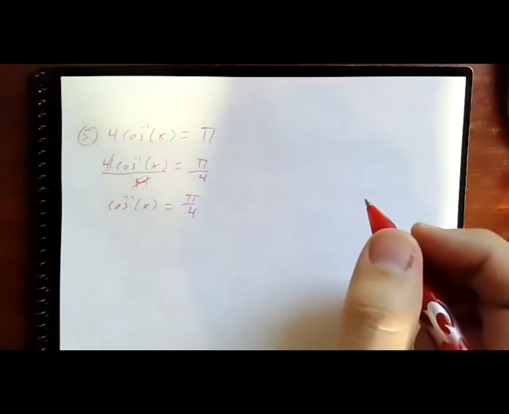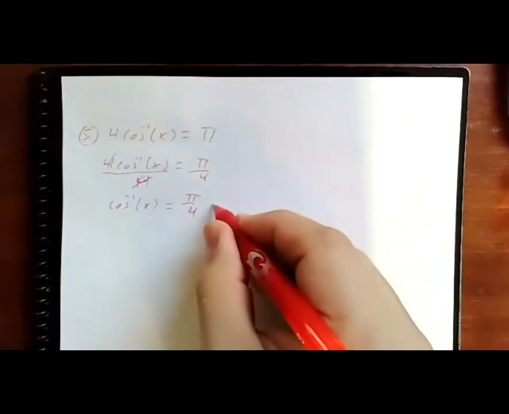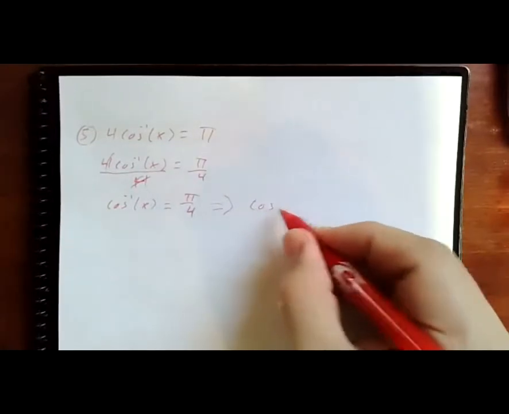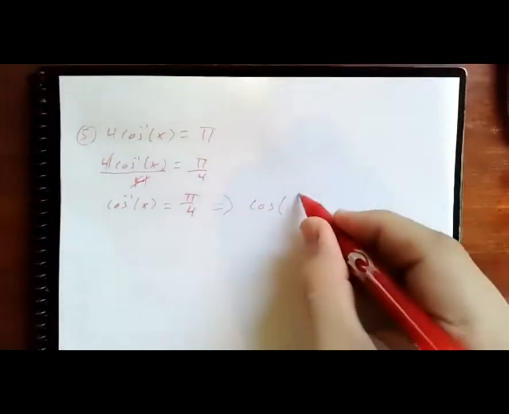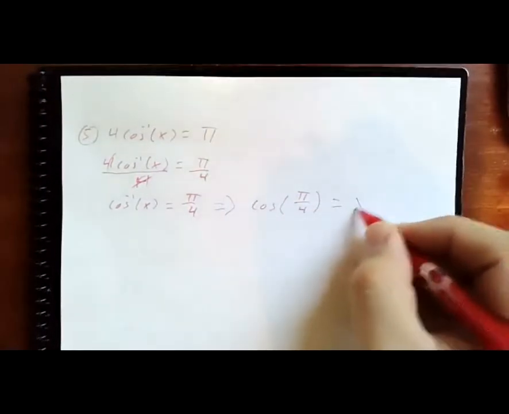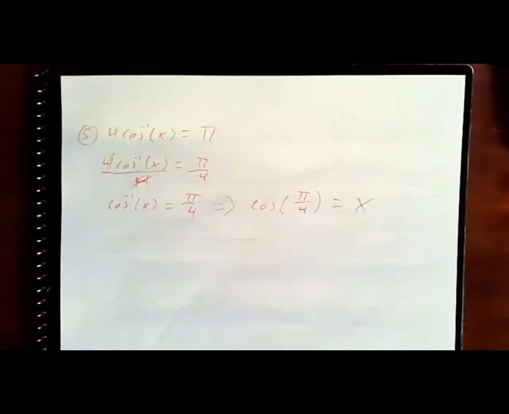Now, if we use the definition, we can say this is the same as asking what x value would be given for the angle of pi over 4 for cosine. Square root of 2 over 2.